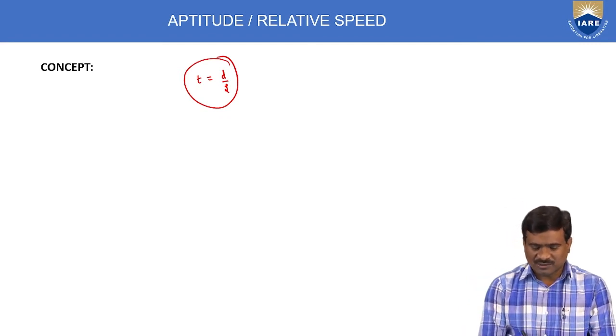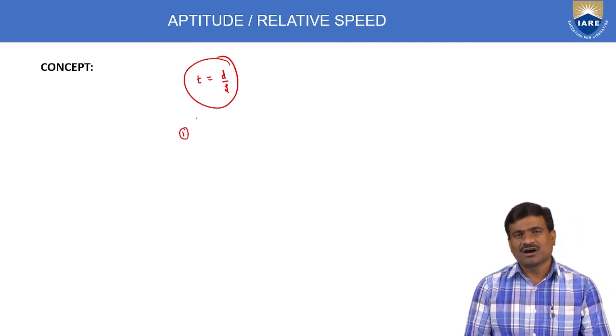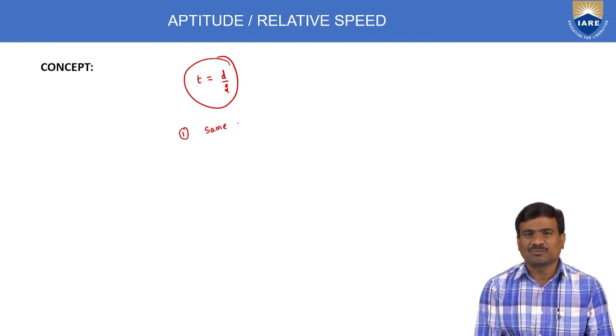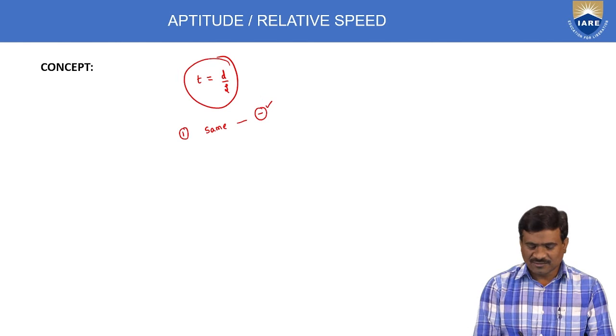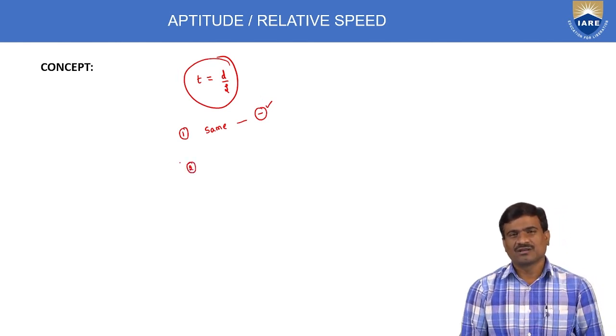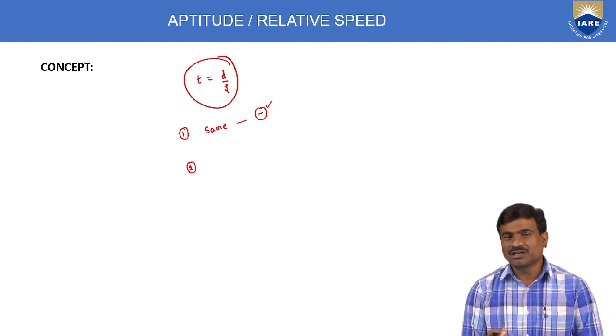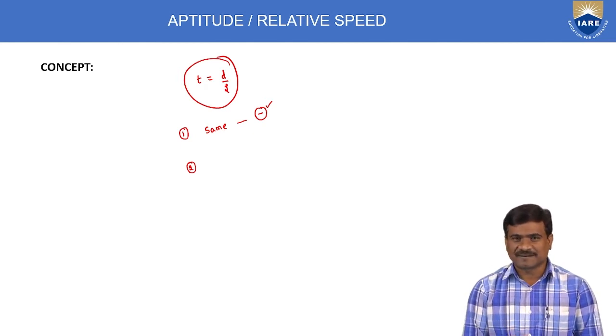Relative speed concept: if two trains or objects are moving in the same direction, then relative speed is the difference of their speeds. Same direction indicates difference. Similarly, if two trains or objects are moving in the opposite direction, then their relative speed is the sum of their speeds.